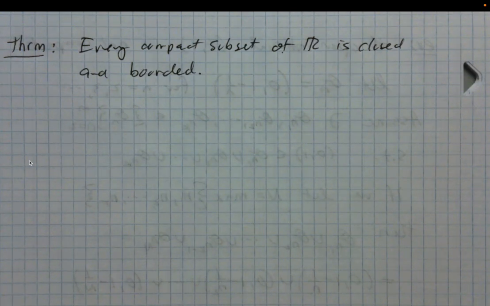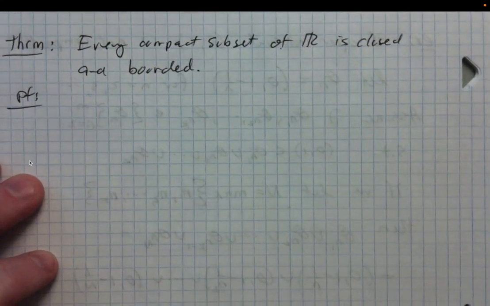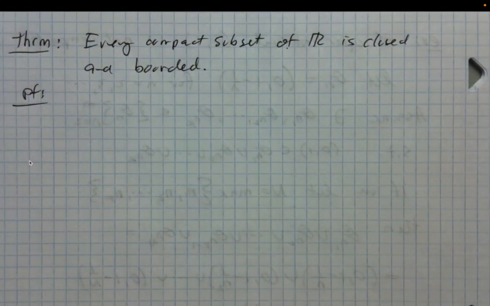The second non-compact subset that we saw was [0, infinity), obviously not bounded, right? And so this theorem says, hey, look, if you're a compact subset, you have to be closed and bounded. Let's prove this. This one's not totally obvious, but it is not too hard to prove.